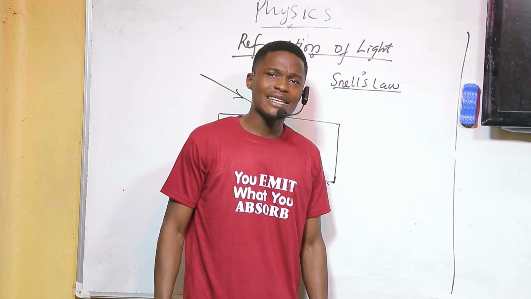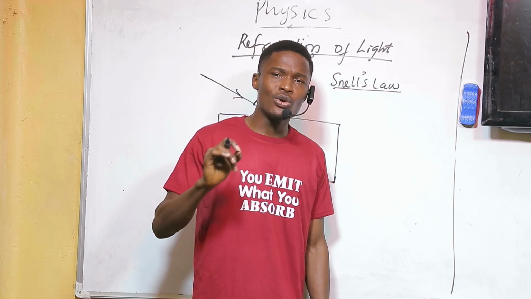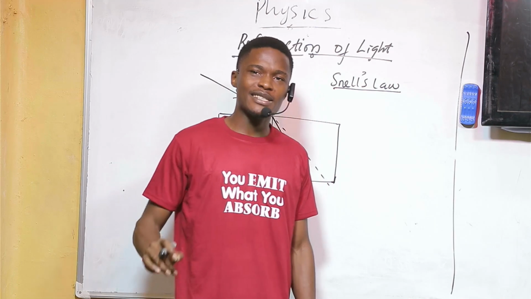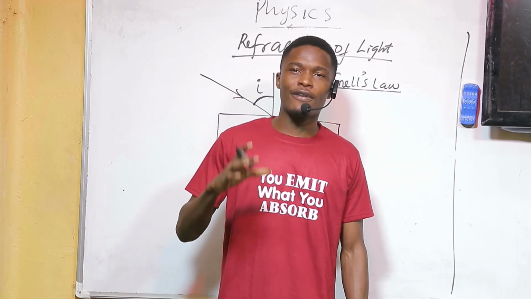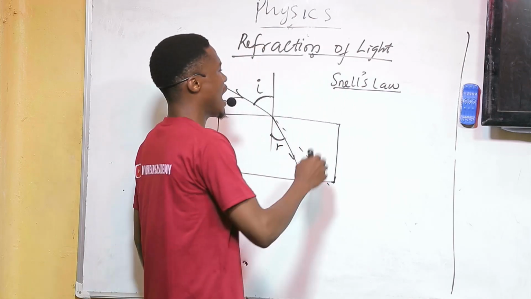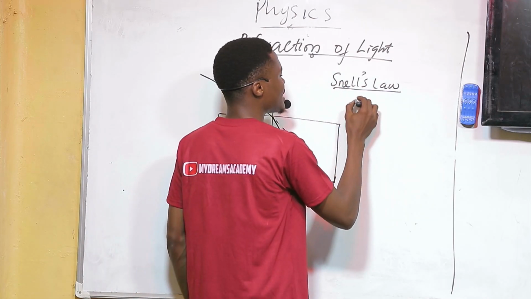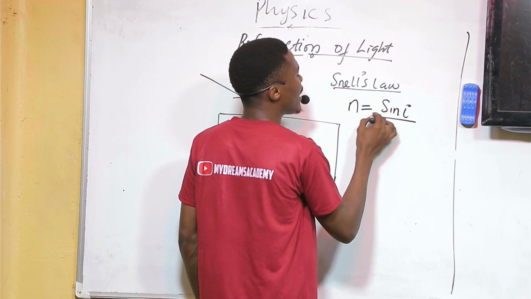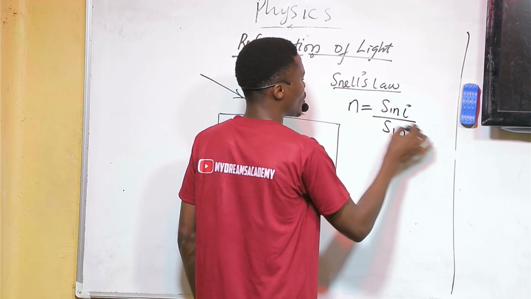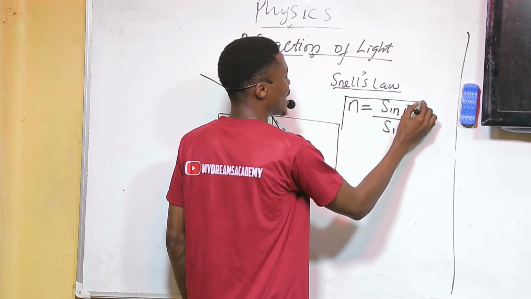Let me go again. The ratio of the sine of the angle of incidence to the sine of the angle of refraction is constant for a given what? Medium. And what do we mean by that? We are saying that n is equal to sine i over sine r. That is what Snell's law is trying to tell us.